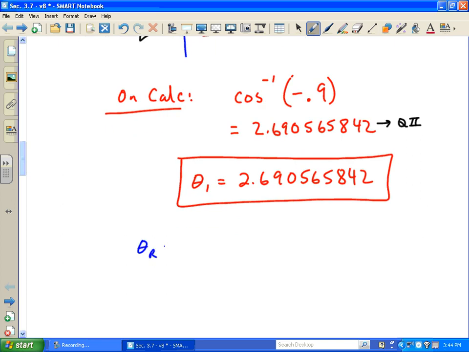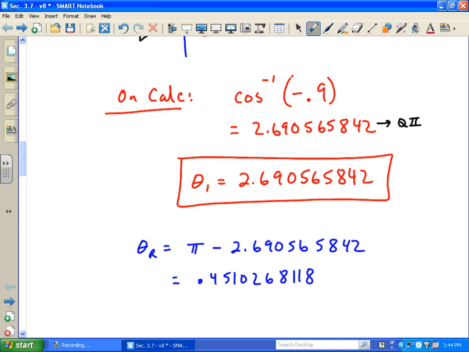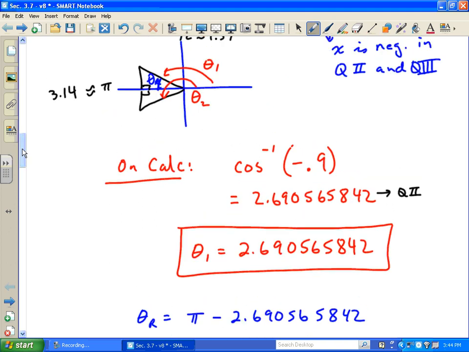So a reference angle could be pi, which is 180 degrees, minus the number that I just got. Okay. In this case, this will give me 0.451026818. Now, this is not my other answer. However, it is the reference angle that will allow me to find my other answer.